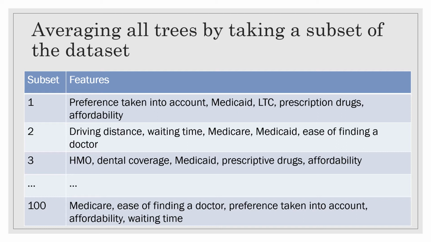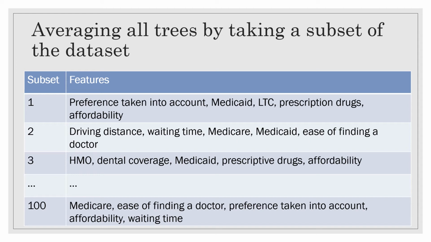For respondents assigned to the second subset, we send a different survey asking them how the driving distance to the healthcare facilities, the waiting time to see a doctor, how having Medicare coverage, how having Medicaid coverage, how the ease of locating an appropriate physician affects their opinions pertaining to healthcare satisfaction.